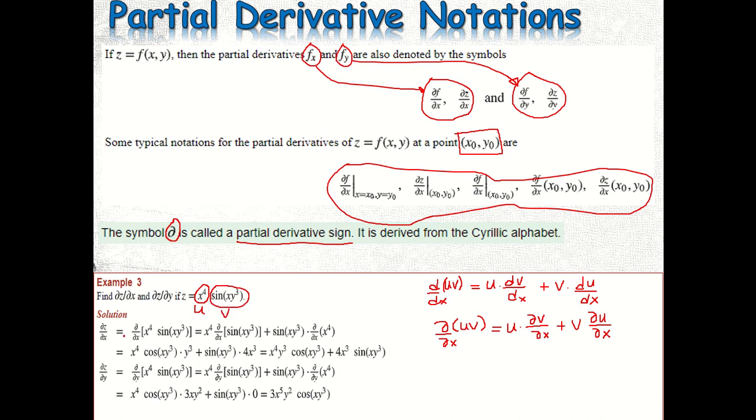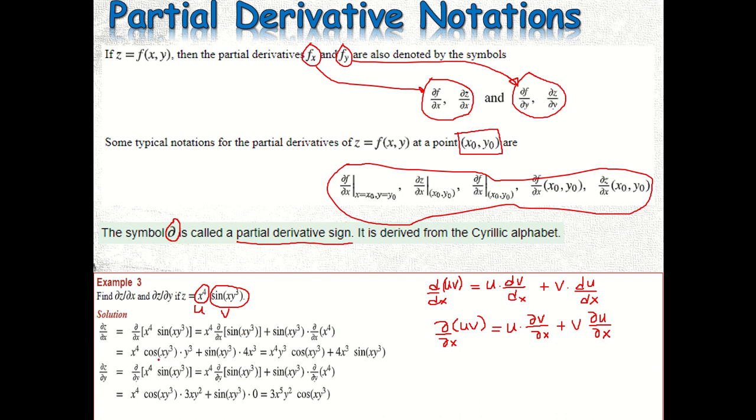So this is equal to u times the partial derivative of v with respect to x, plus v times the partial derivative of u with respect to x. So we are now following this formula for the first line of our solution.